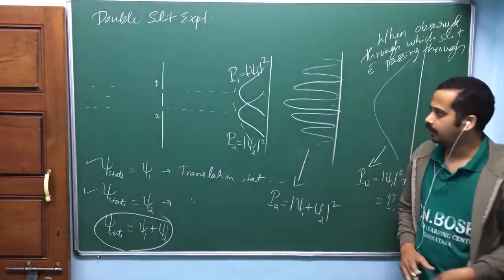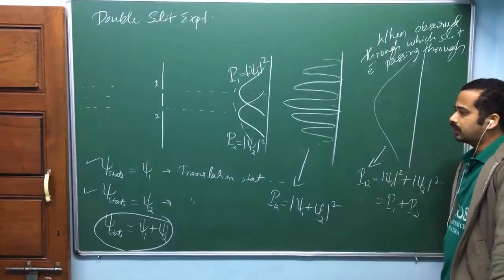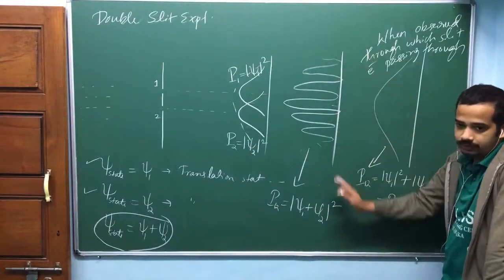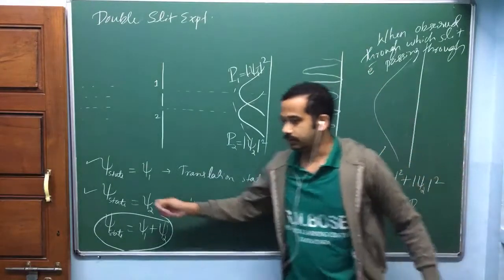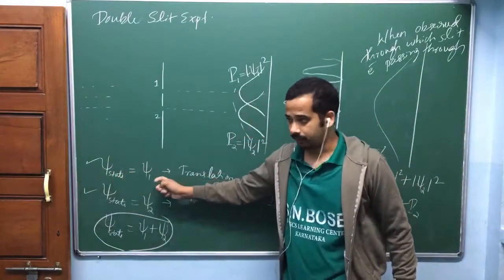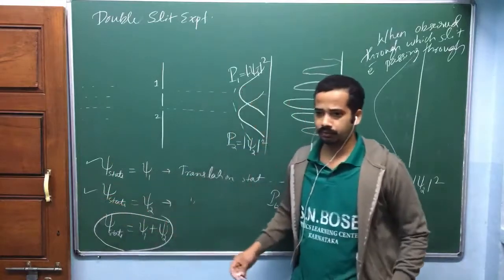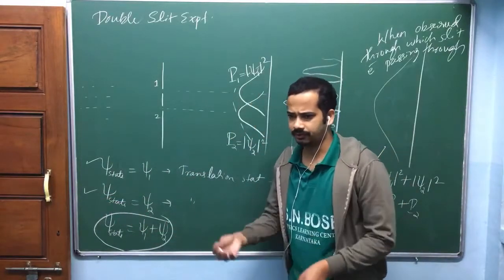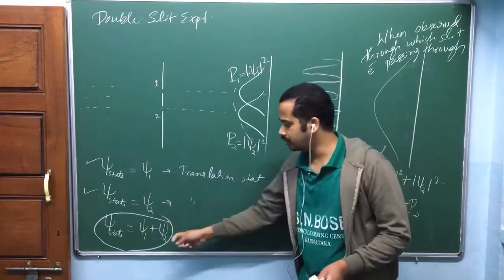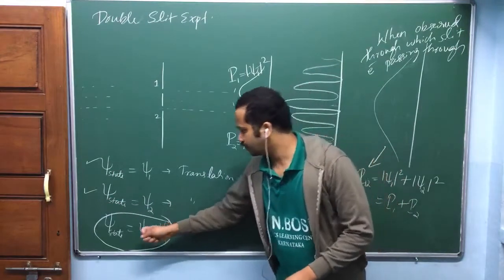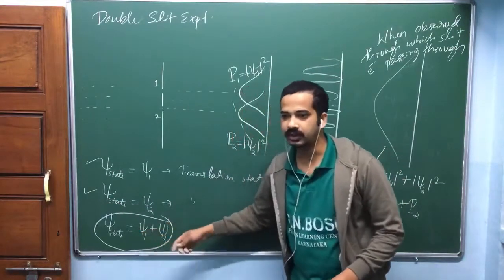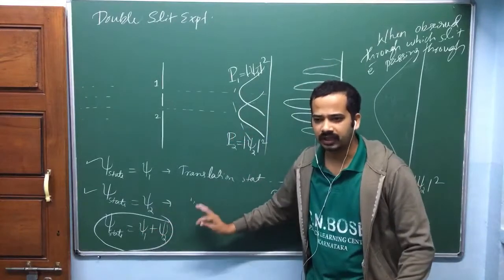Is that okay? When you observe the electrons reaching the screen, you will get the state of the electron as either psi 1 or psi 2. We call this collapsing of the wave function. If you are not observing, it is in this state. If you observe, it will collapse to one of the states instantaneously, very instantaneously. I'll come to that point later.